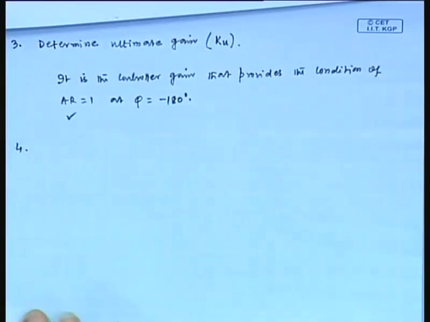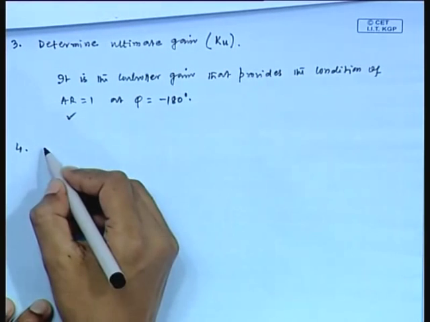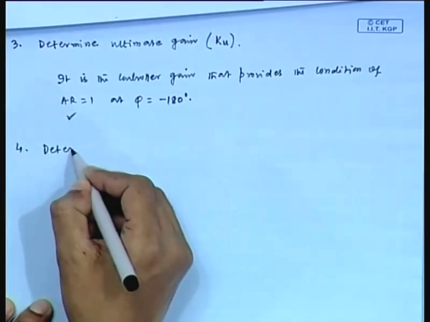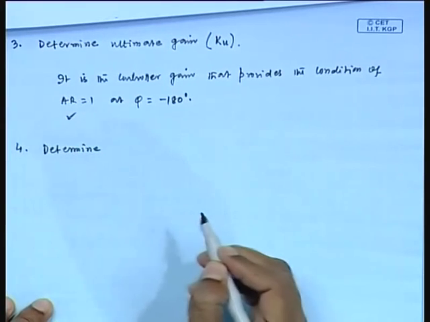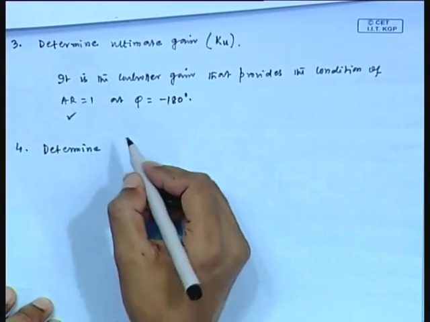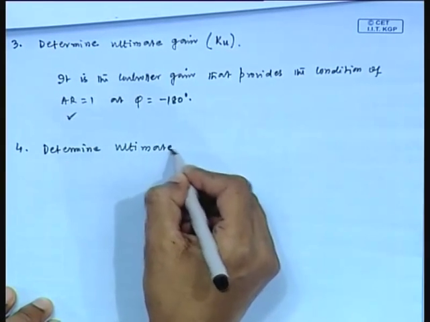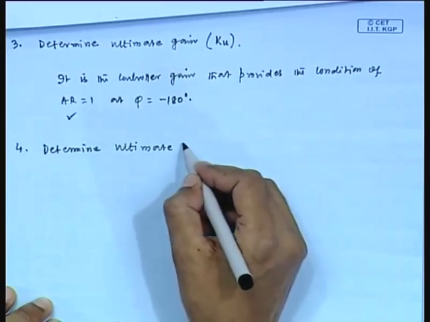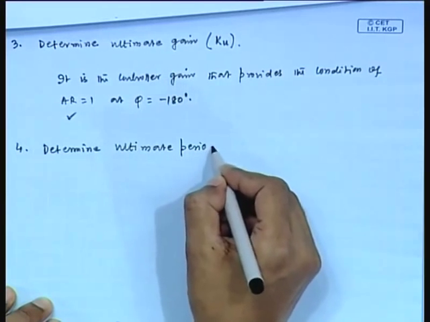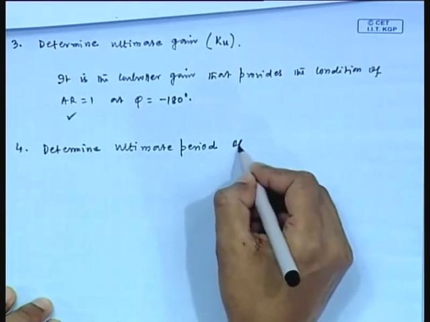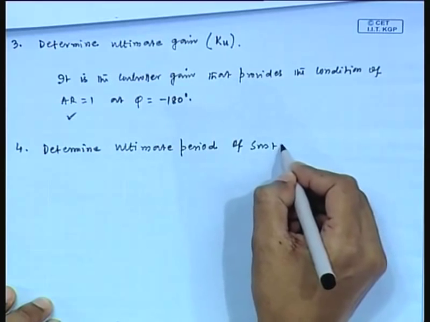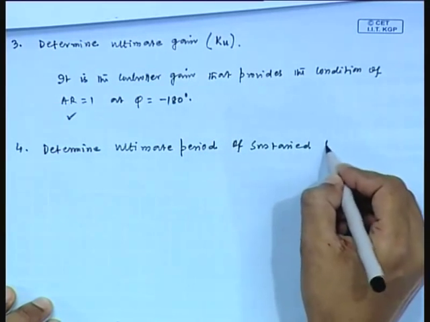In the next step, we need to determine the ultimate period. In fourth step, we need to determine ultimate period of sustained cycling.